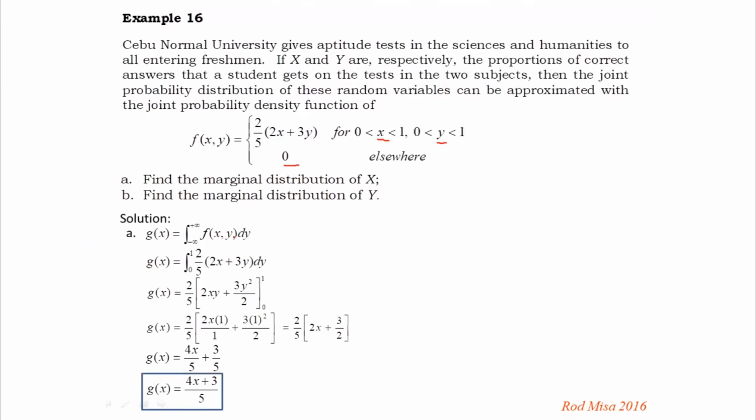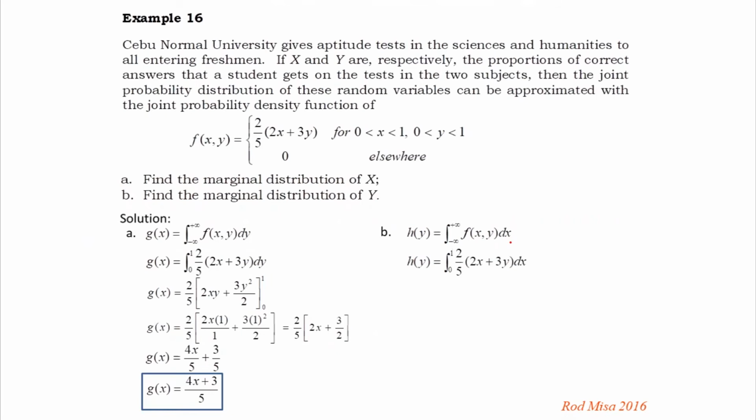Now, let's proceed to our marginal distribution of y. Solving for the marginal distribution of y is to get the integral of our function small f of x and y with respect to x. And we know that our probability density function is 2/5 times the quantity 2x plus 3y.